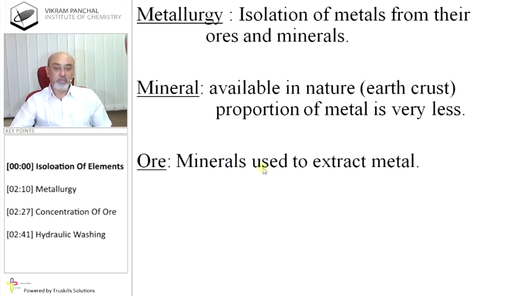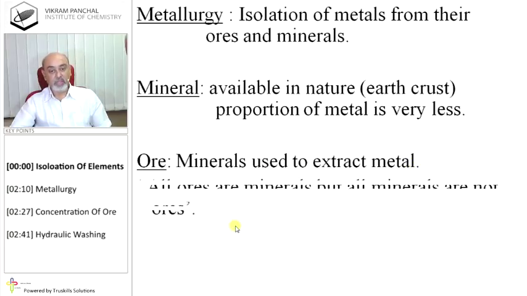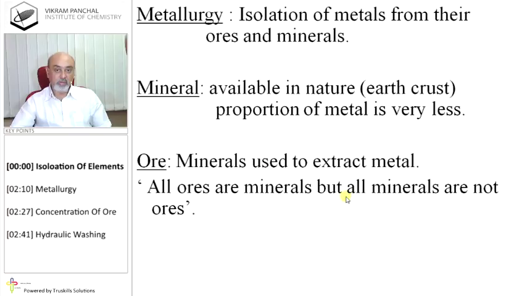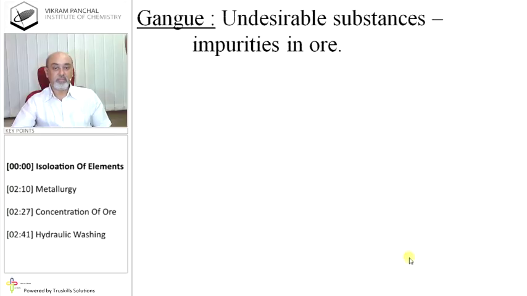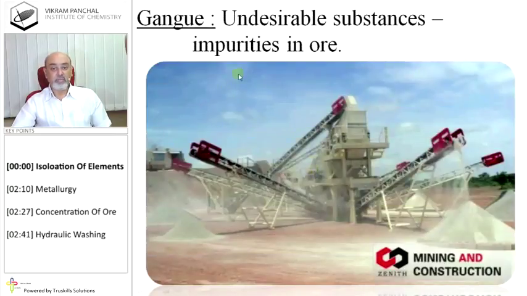A mineral which is used to extract metal. So with reference to this, we can say that all ores are minerals, but all minerals are not ores. Gangue. Gangue is undesirable substance or impurities in ore, which we have to remove.